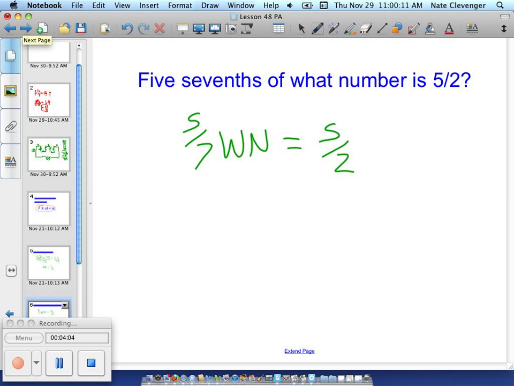Okay, so how do I solve for the variable when I have a fraction with it? I want to solve for my WN, so how do I get rid of this? Multiply by the reciprocal of the coefficient. The coefficient is the one with your variable, so we need to multiply by 7/5.